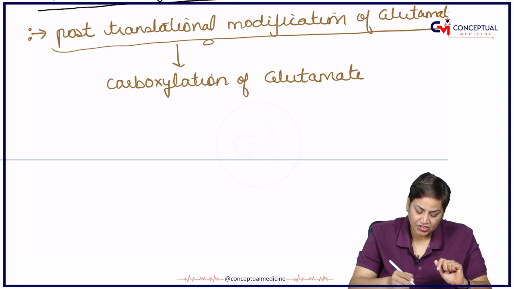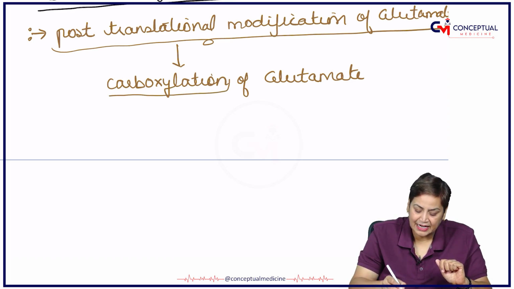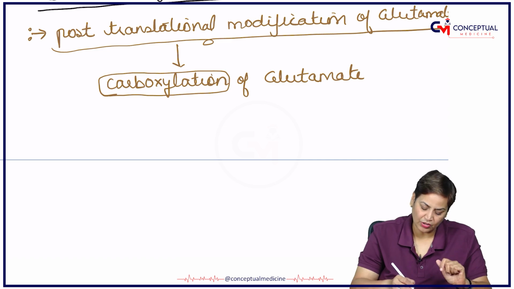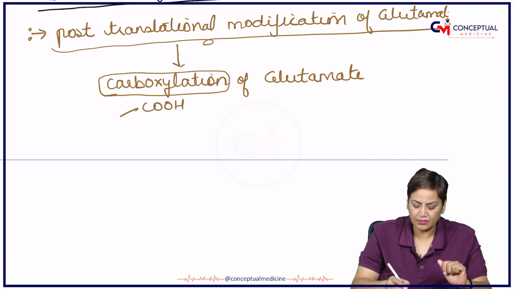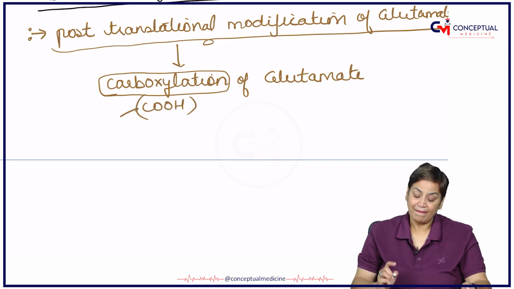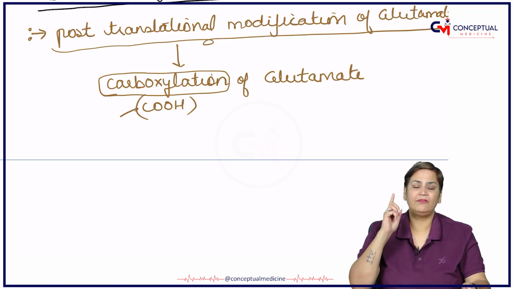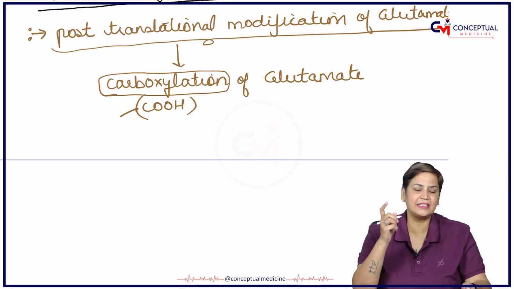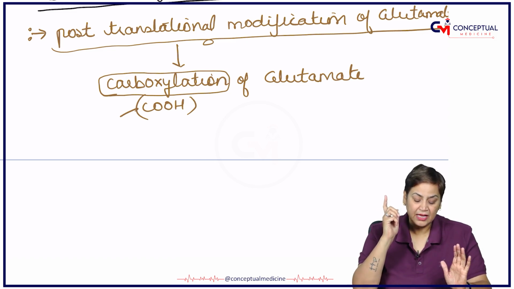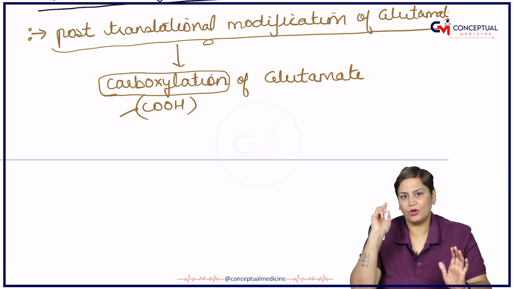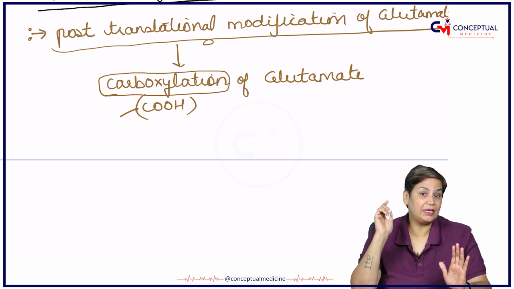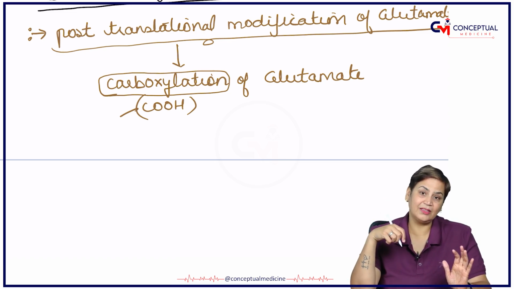And what is the function? The process is that it is catalyzing the carboxylation. Carboxylation is the attachment of carbon dioxide. And this is a very important process in the sense that it is not dependent on biotin. This is biotin-independent carboxylation. That is why vitamin K plays a very important role in this.